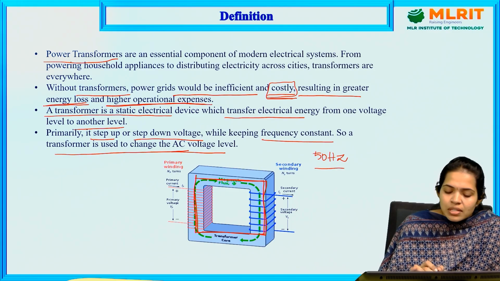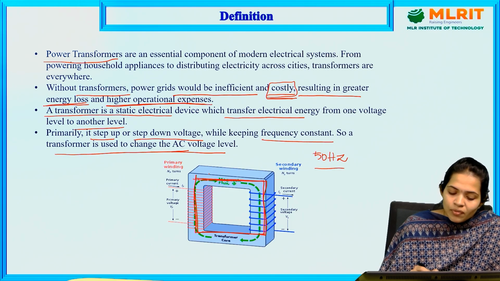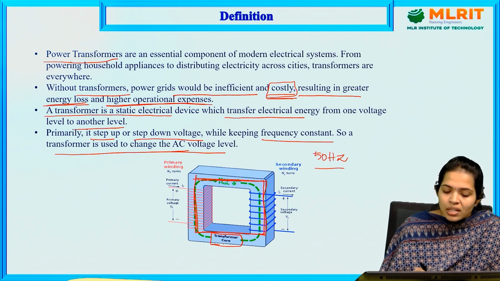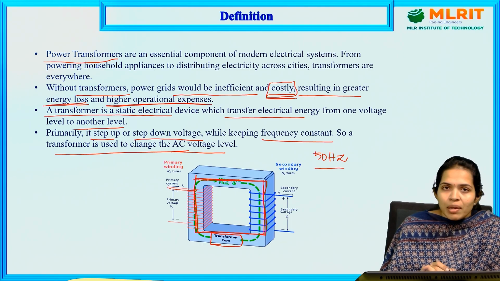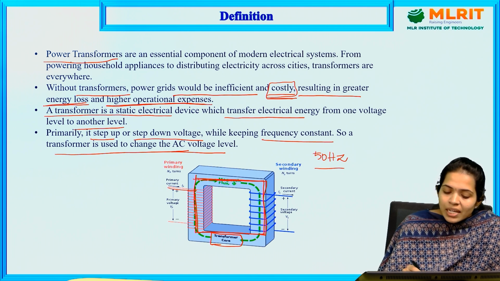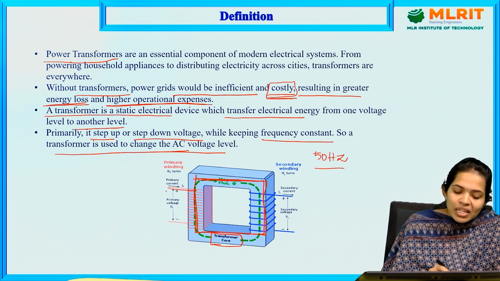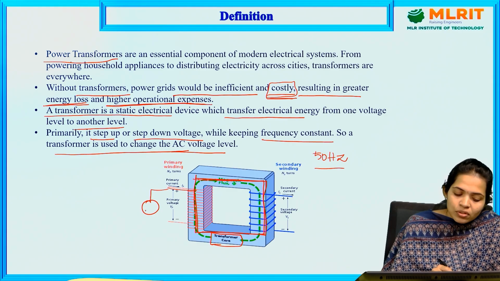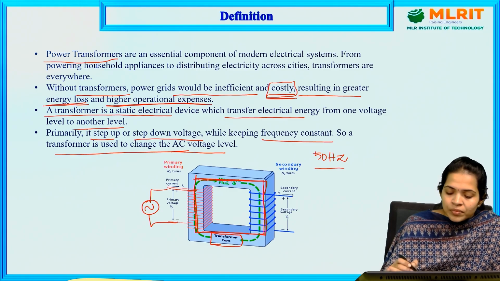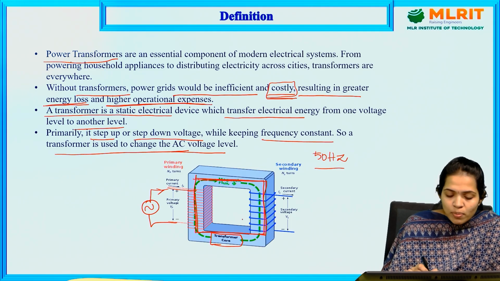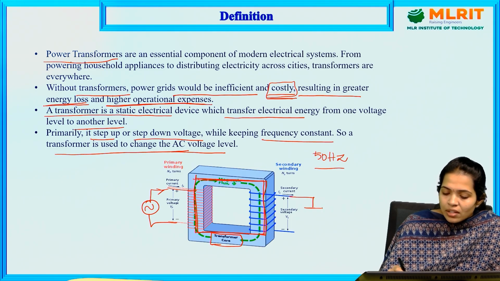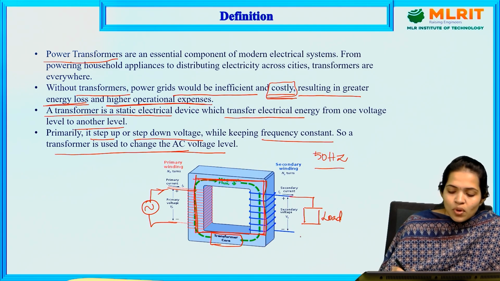For now, the basic structure of a transformer has a magnetic core, given as the transformer core here in the figure, upon which on the primary side there is a primary winding, and on the secondary side there is a secondary winding. We connect the AC supply to the primary winding, which delivers the current to the transformer, and we connect the load to the secondary side of the transformer.